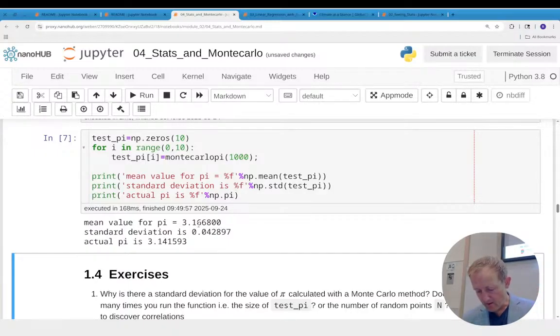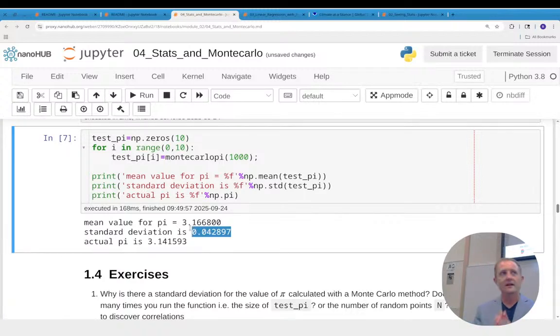If I want to reduce this standard deviation, increase n. So the bigger n gets, the more converged your Monte Carlo is. And that's kind of the magic here. That's always the answer for Monte Carlo: just increase the number of times that you run it.